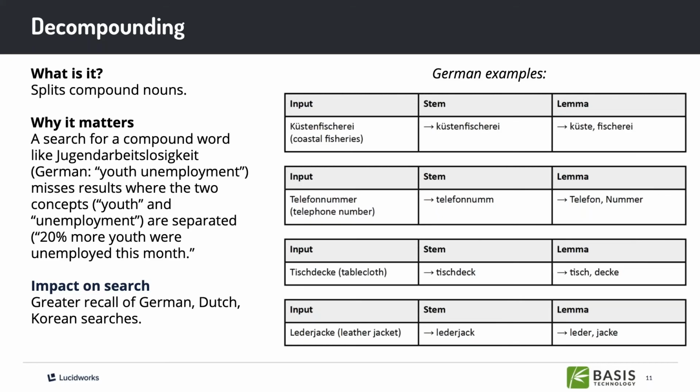One of the examples would be youth and unemployment, which cannot potentially be picked up if they're used together in one word, like the example below. So this is very important, especially for German, Dutch, or even Korean search, because Korean has this concept of multi-noun compound words. That therefore we can achieve greater recall.